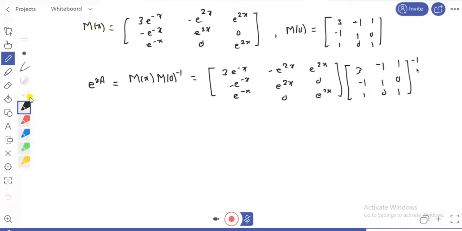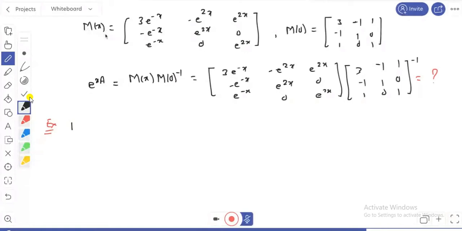This is the inverse. Okay, and then you can find the value of this exponential. You solve this. Okay, so if we take a simple example and try to find the matrix exponential and how to find the fundamental matrix for that case.